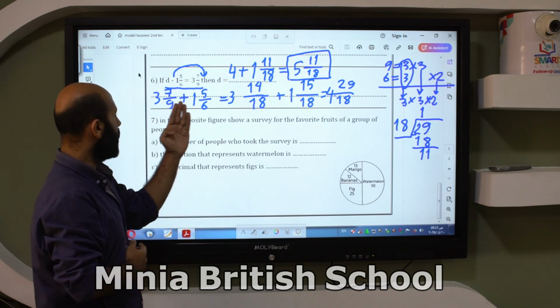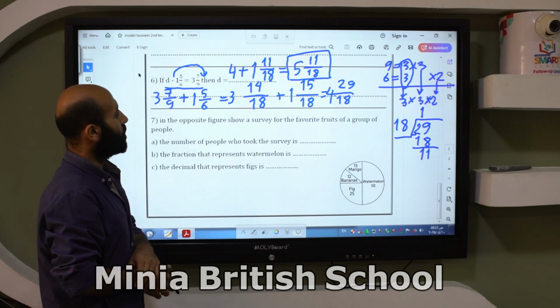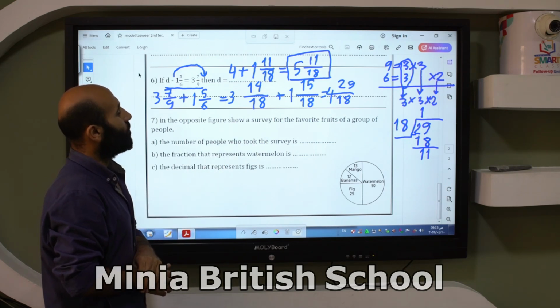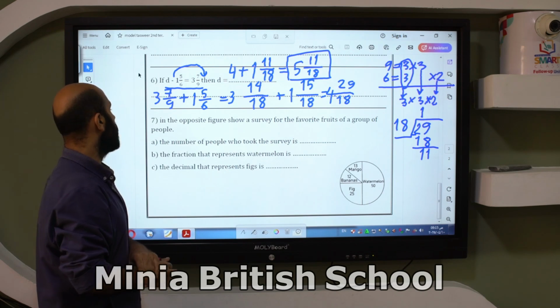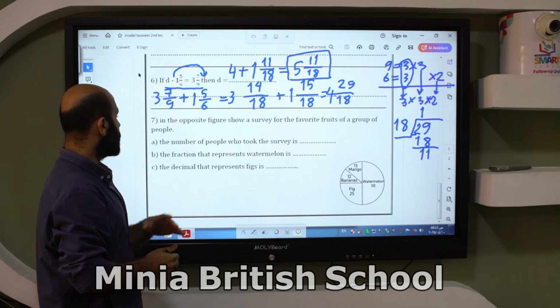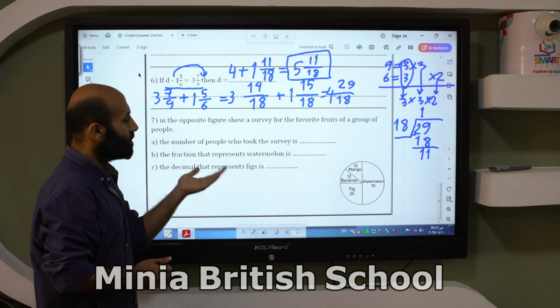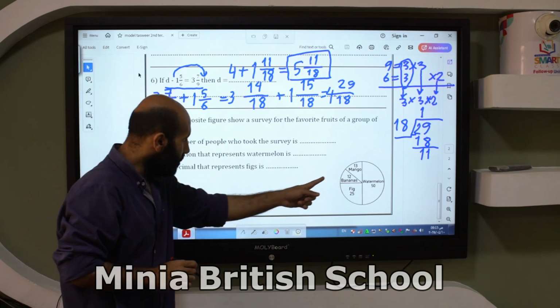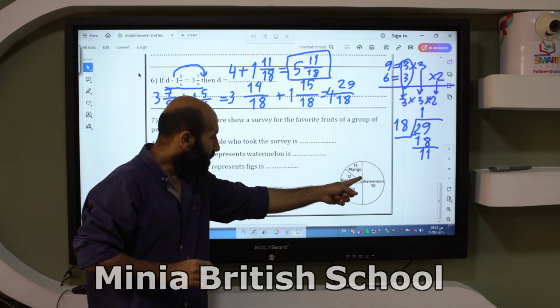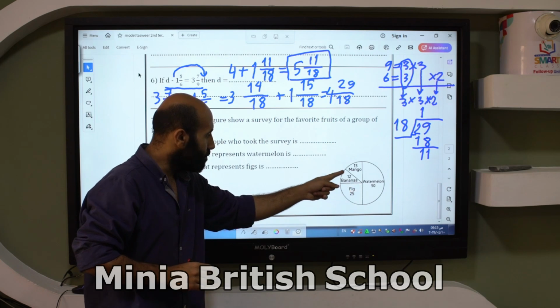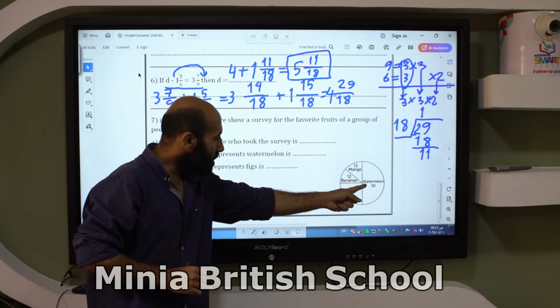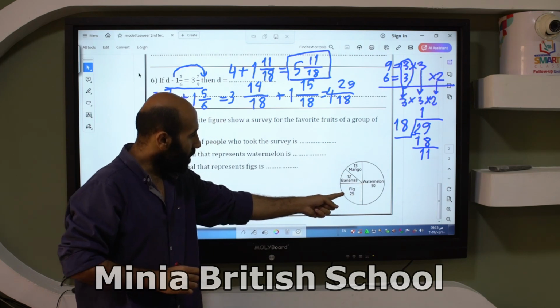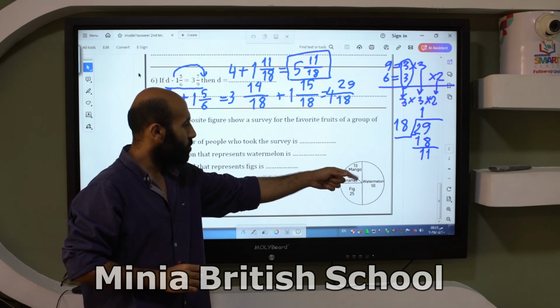In the opposite figure, a survey for the favorite fruit of a group of people. Okay, what is the number of people who took this survey? Simply, I have each fruit and the number of people. The watermelon 50, the fig 25, bananas 12, and mango 13.